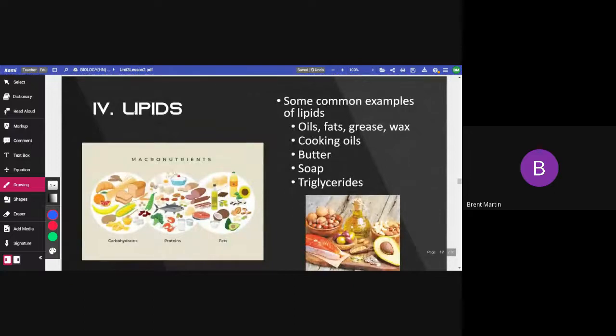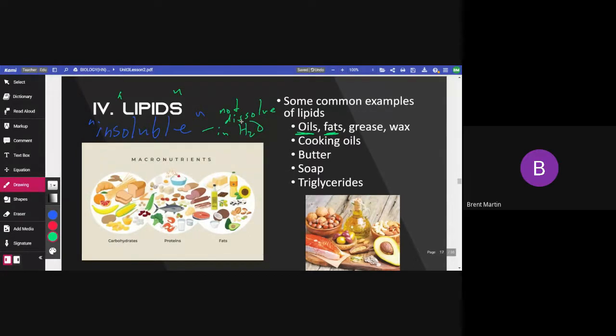And I'll tell you another word that'll help you figure out if it is a lipid. If it is insoluble in water, right, then that should be a dead giveaway that it is most likely going to be a lipid. What does insoluble mean? Do y'all remember? That it will not dissolve in what?